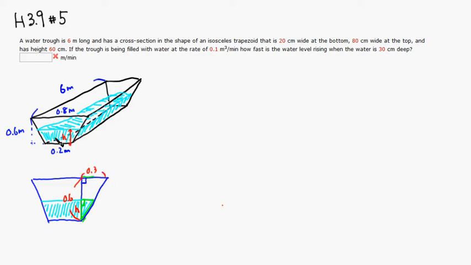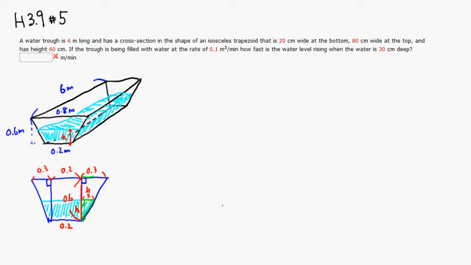You can visualize the other side, you have the same thing, so this is going to be 0.3, and of course 0.2, same as the bottom. You can see that the ratio of this side to that side is 2 to 1. So the ratio of H to that is going to be 2 to 1, so this is going to be H over 2, just doing the ratio.